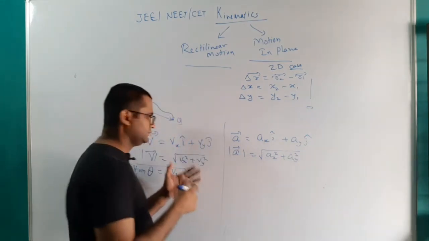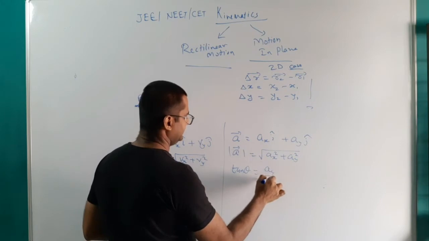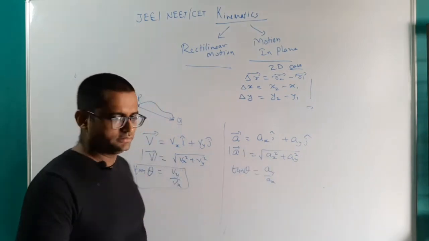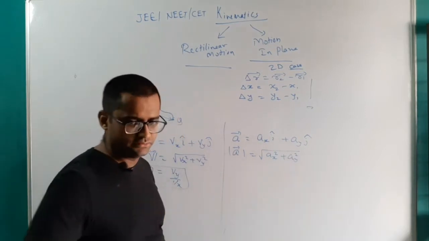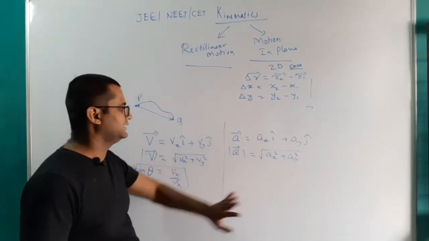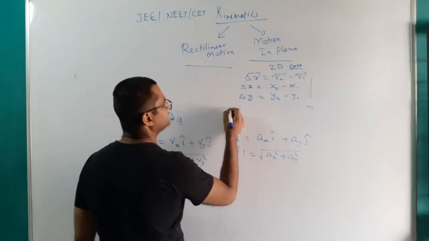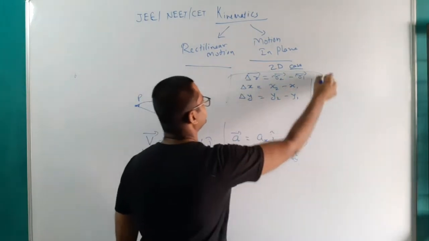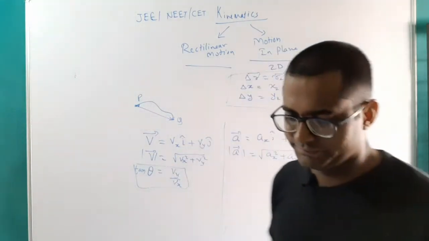Again, the angle will be ay by ax. Since this angle is not much important in our problems, we will not write it. So this is what you have to remember, and our delta r is here. So these are the three important things: displacement, velocity and acceleration.